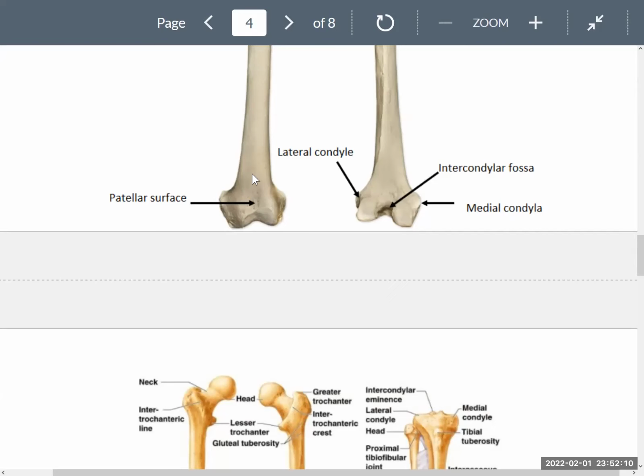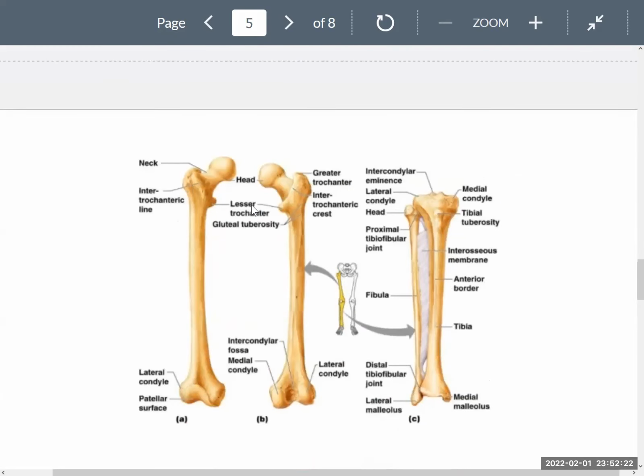In the anatomical view of the femur, we just have the patellar surface. And the patella, of course, kneecap, right in front of it.